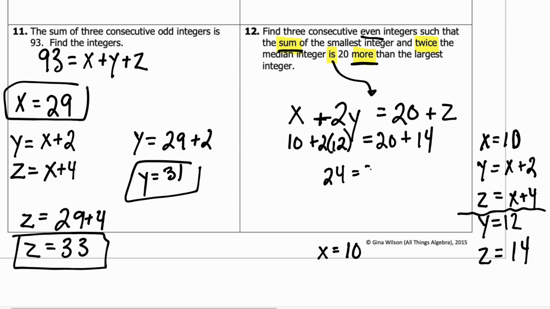I have 24 equals 20 plus 14. Let me handle that first. This is 34. And let's bring down our 10, of course. And 10 plus 24 is 34. And 34 does equal 34. So we know that we have the correct variables.